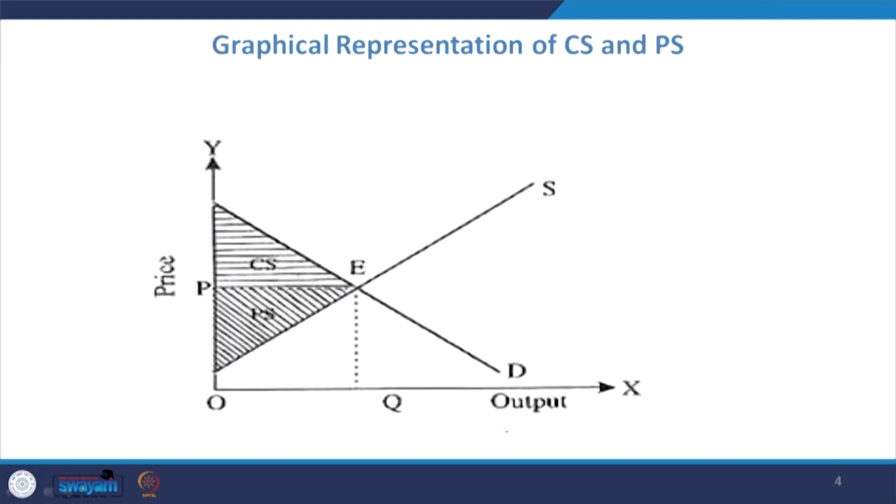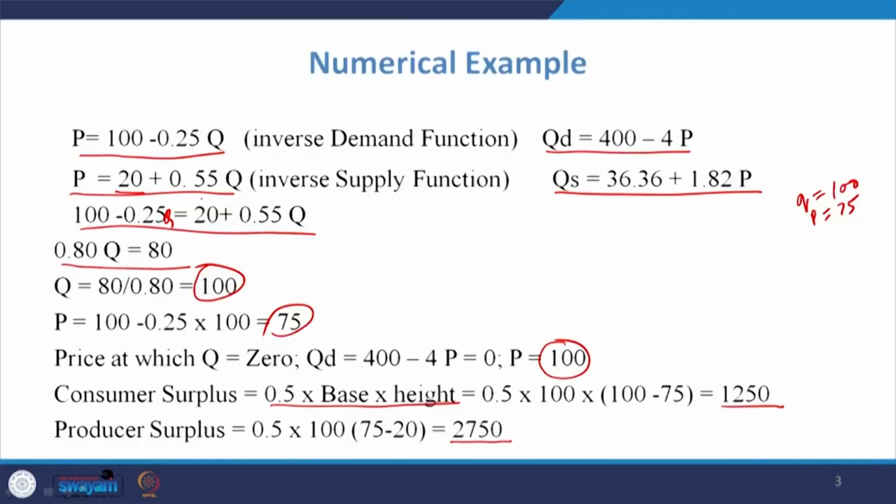Now, this can easily be known. You can see in this graph, or I can simply use it. Yes, 100 is the maximum price and the equilibrium level of price.